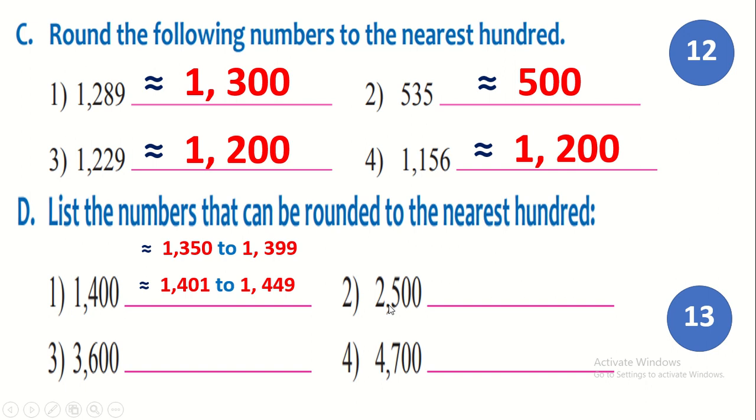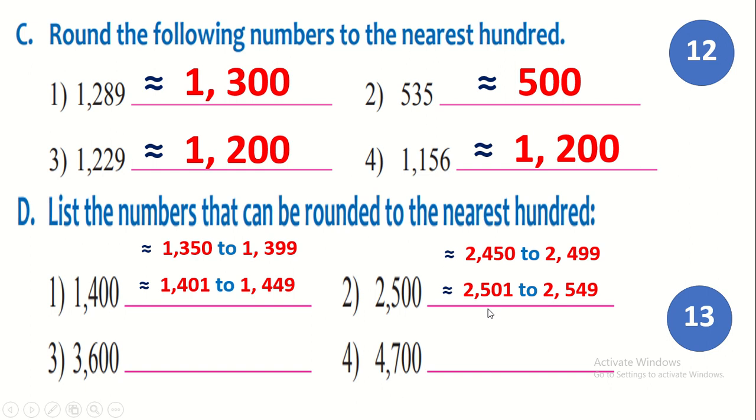Next is number 2. What are the numbers that can be rounded to 2500 to the nearest 100? The numbers are 2450 to 2499. These are the numbers. If you round them to the nearest hundred, they become 2,500.